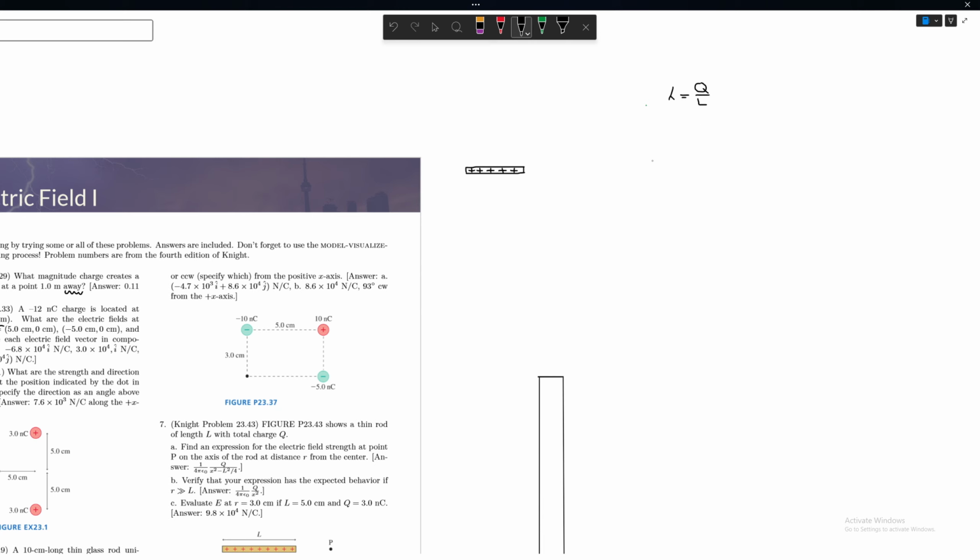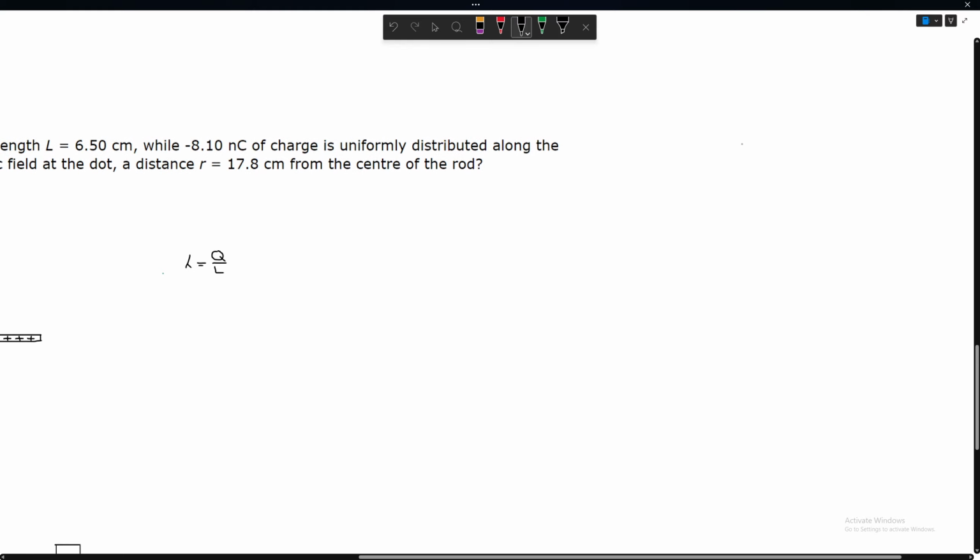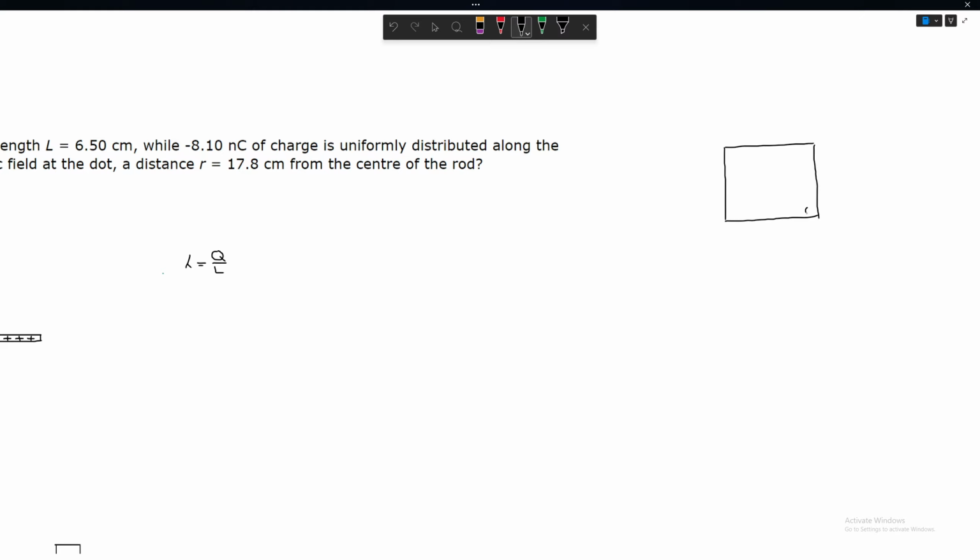Now, what does this actually mean? Imagine I have this little square, and this little square has balls all across. Let's say these are like little magnets, or you can say these are little charges.